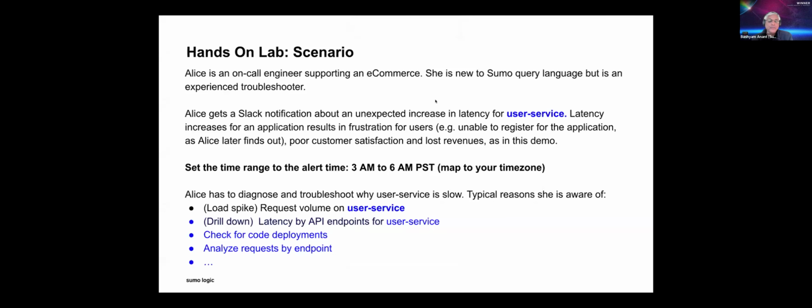But the main value that Copilot offered for Brian in this case is to sort of guide him or nudge him along based on the kinds of hypotheses that he may have had, right? So for example, investigating load or requests, investigating code deployments, analyzing, drilling down by dimension like API endpoints and things like this. And then looking for suggestions related to threat actors and things like this, right?